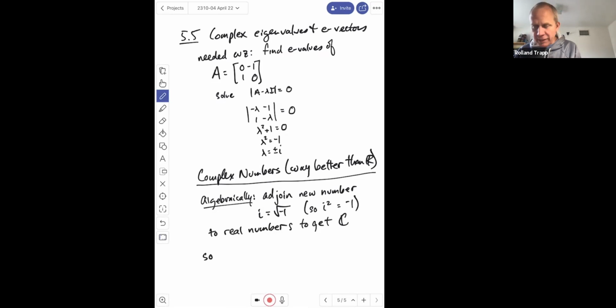Algebraically, this is very straightforward. I'm sure you've seen this a couple times, even if you haven't really thought about complex numbers a lot. It's just a plus bi, right? That's what it is.